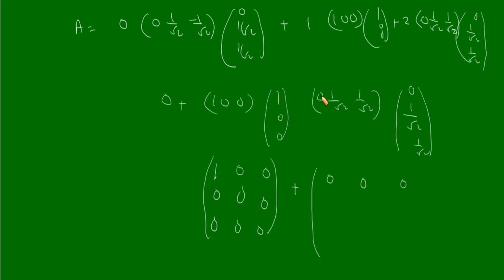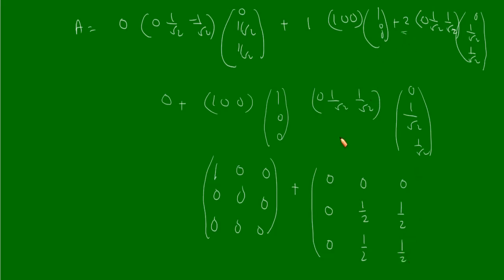Now we have to start from 1 by root 2. 1 by root 2 into 0, that will be 0. 1 by root 2 into 1 by root 2, that is 1 by 2. 1 by root 2 into 1 by root 2, again 1 by 2. Now this element, 1 by root 2 into 0, 0. 1 by root 2 into 1 by root 2, 1 by 2. 1 by root 2 into 1 by root 2, 1 by 2.